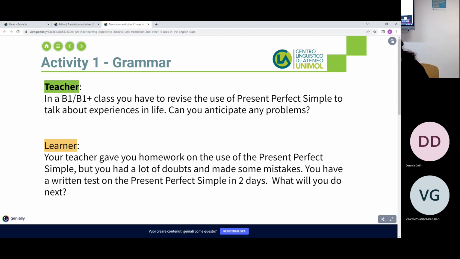Okay. So, what could we use translation for? With the present perfect. To make it clear that there is no such equivalence, so that students are aware and informed that if you want to translate this, and if we're talking about your life experience, you can't use a present simple.